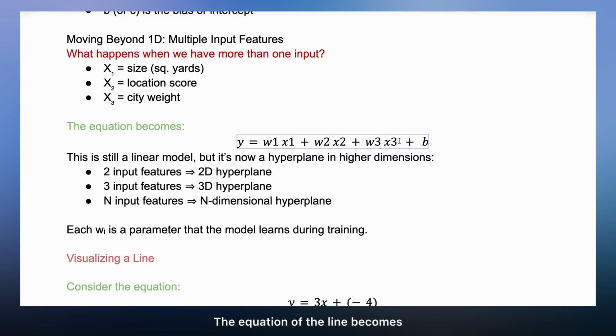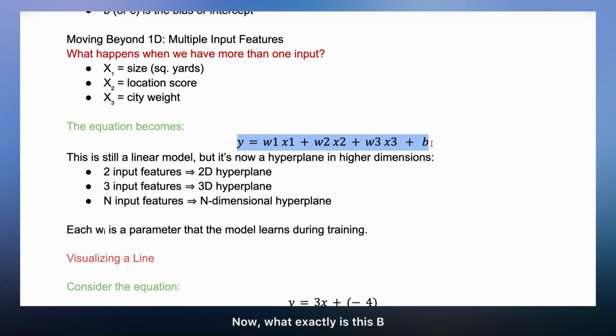The equation of a linear model becomes y is equal to w1x1 + w2x2 + w3x3 + b, right? Now this equation represents that we have three features and the output is an n minus one dimensional hyperplane, or a three-dimensional hyperplane, right? It's not a line. We will produce a three-dimensional hyperplane.